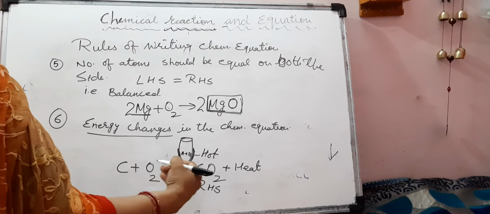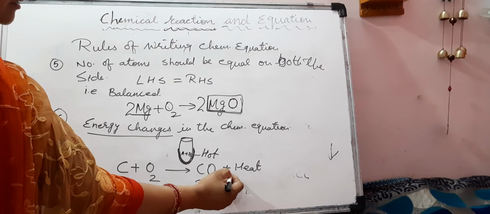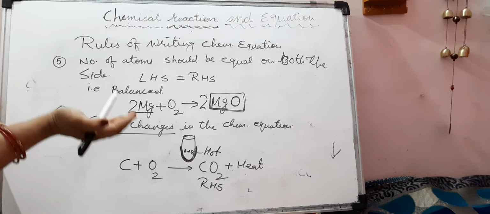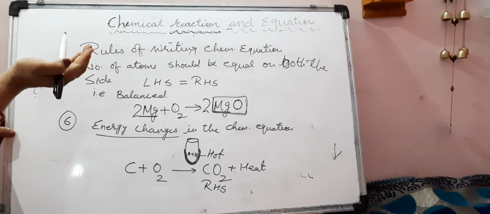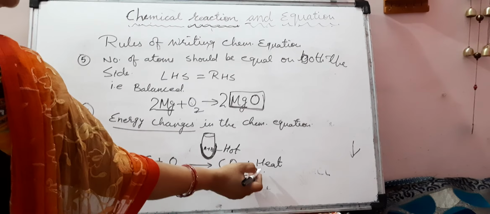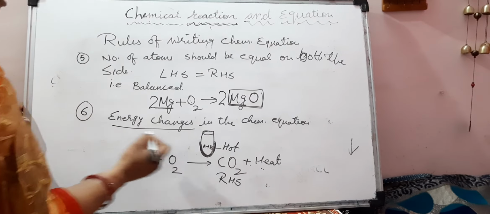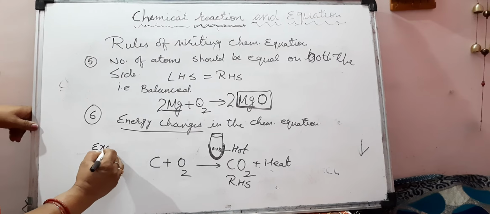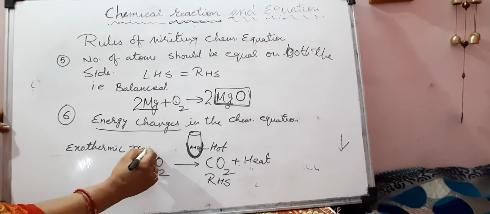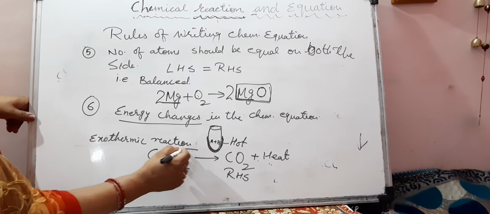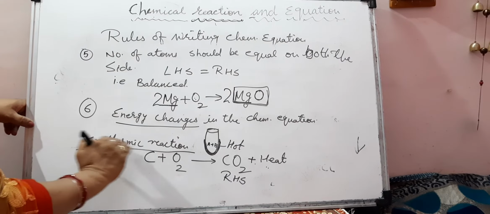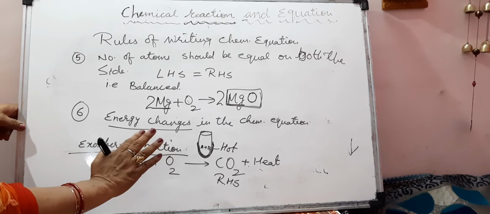If energy is evolving out, it is written with the product. And one more thing, students, before telling energy absorption: if heat energy is evolving out, that reaction is called an exothermic reaction. Exo meaning evolution.